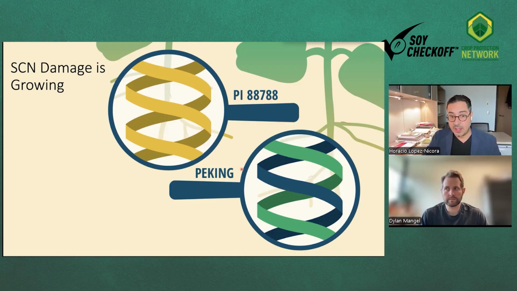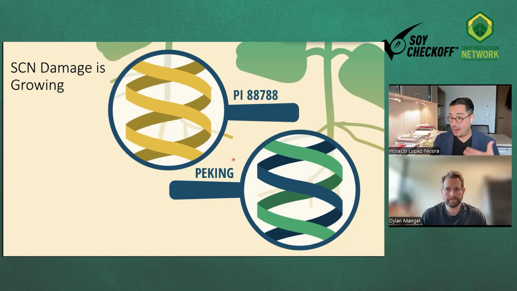Another one that is commercially available to growers is Peking, which can be a great option when the population is not able to reproduce on Peking. So a population that unfortunately was able to adapt and reproduce on PI 88788, but not yet on Peking, can be a great scenario where we can use Peking to reduce the population of the nematode while keeping those yields up.